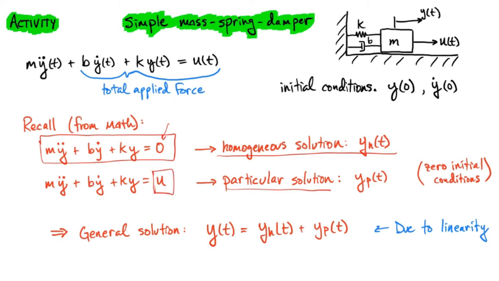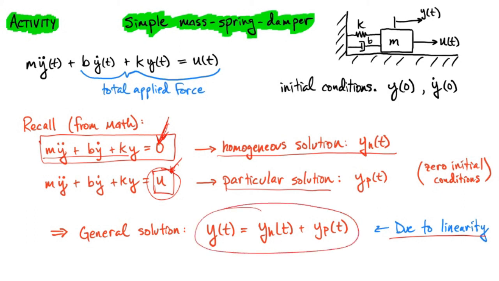And typically, if you remember, these have a particular form that comes simply from this equation, and the particular solution oftentimes has a form that's due to what exactly this is. Whether this is a step function or a sinusoid or so on, the solutions take on a different form. But in general, and this is due to the linearity of the original differential equation, this sum is then the total solution. So the total solution can be broken up into these two different pieces.